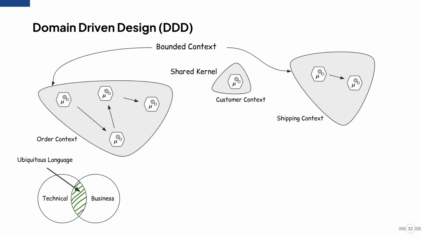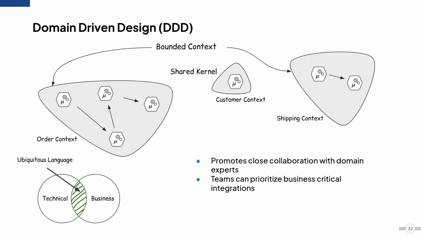And in domain-driven design, usually the technical people and the business people work together and form a common language. In domain-driven design terminology, this is called a ubiquitous language, which makes it easier to work with. So it promotes close collaboration with domain experts. Teams can prioritize business-critical integrations rather than just doing integration for the sake of it or for technical reasons.